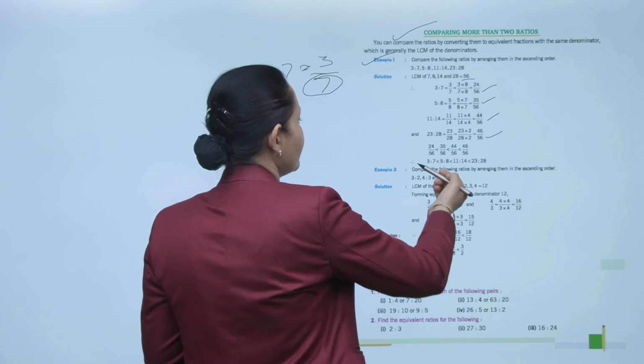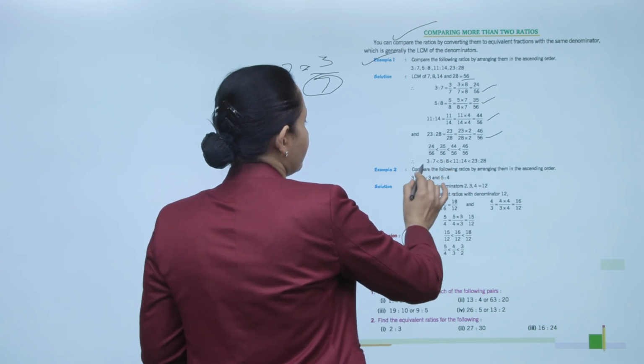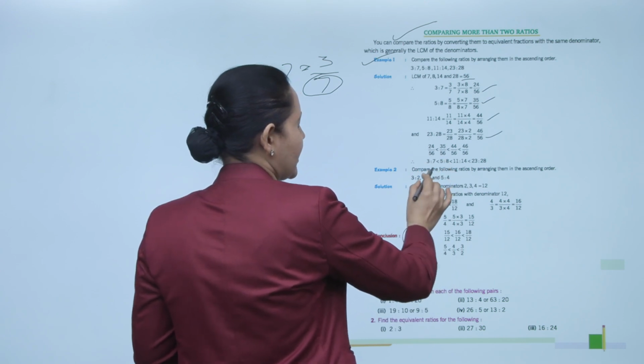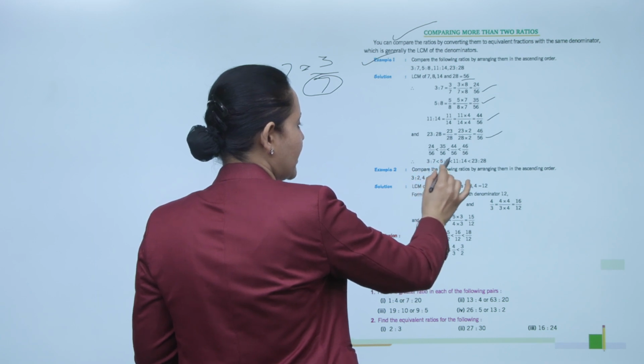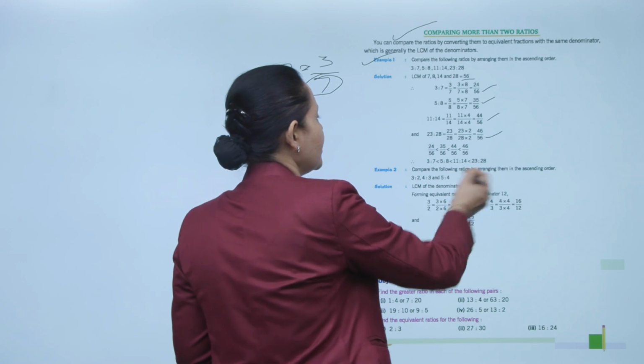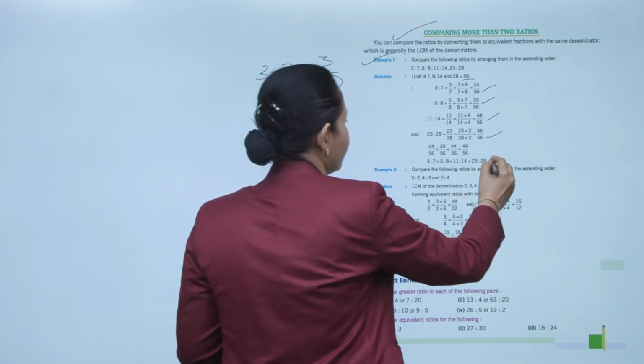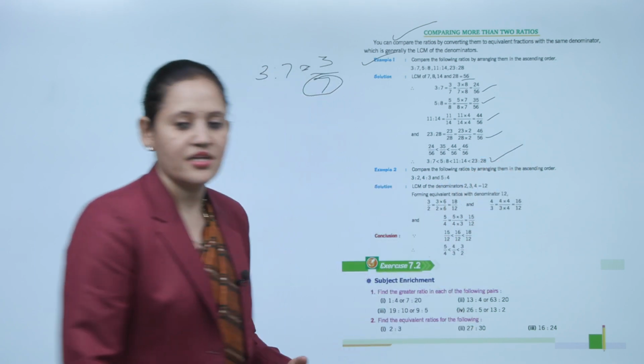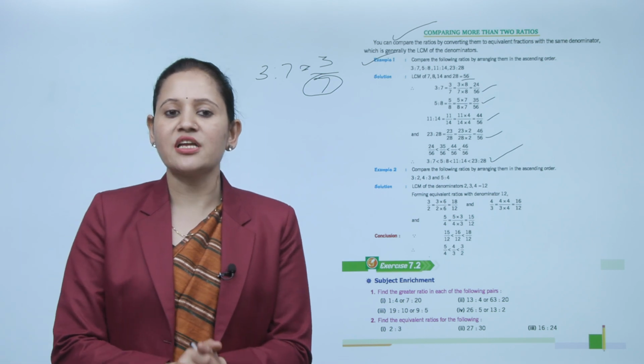Clear? So 3:7 is less than 5:8, less than 11:14, less than 23:28. This will be the order. Clear? So this way we can compare.